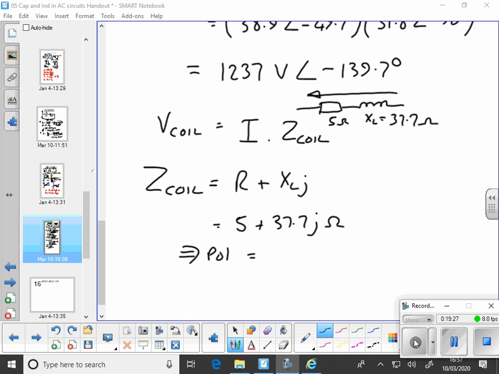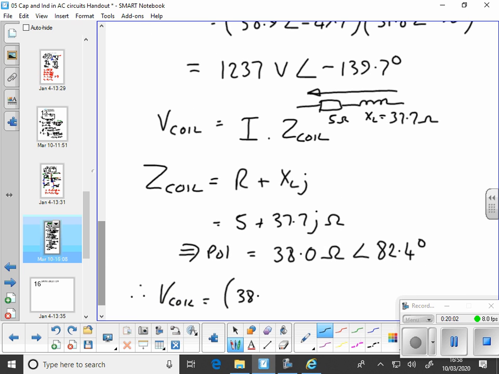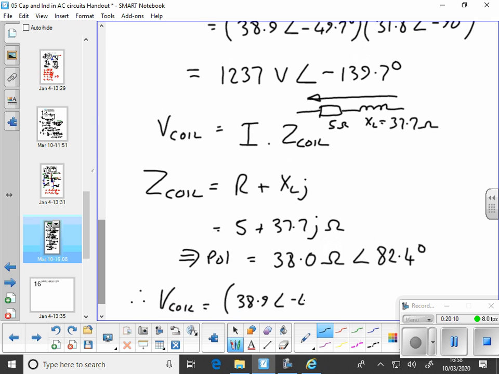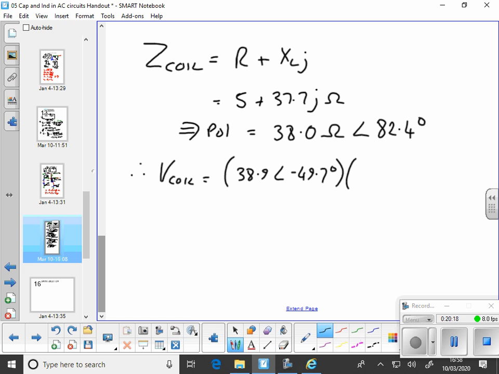Someone can find... angle... degrees. V coil equals the current, which is 38.9 angle minus 49.7 degrees, multiplied by this impedance here, 38 angle 82.4 degrees.